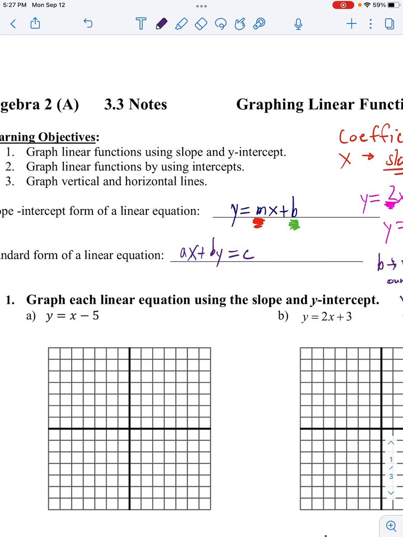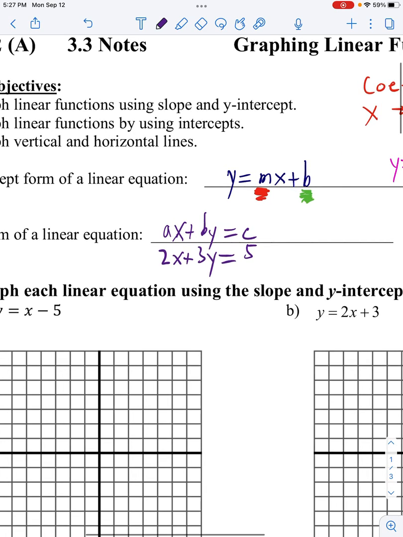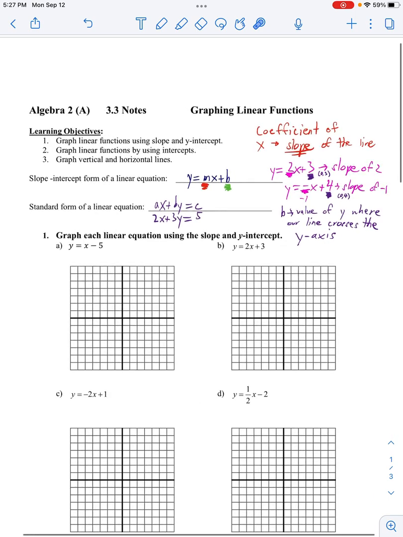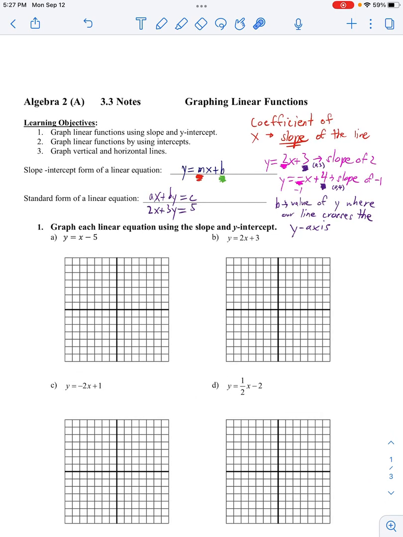So that would be like 2x plus 3y equals 5. That's in standard form. I have the x term and the y term together on one side of the equation, and then I have my constant term, 5, which doesn't have any variables, over by itself on the other side. So that's the distinction between standard form and slope-intercept form.